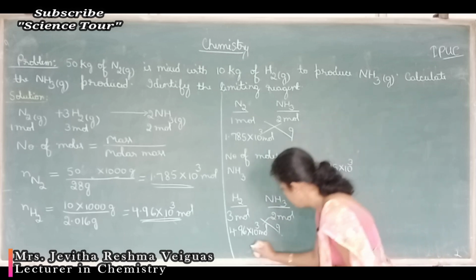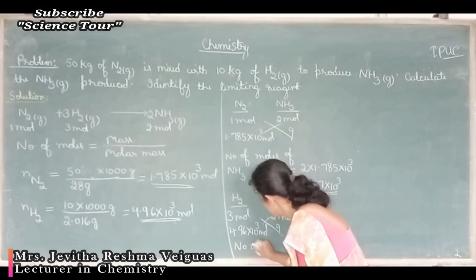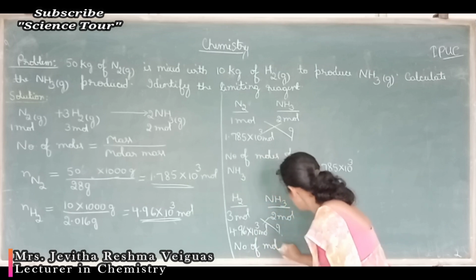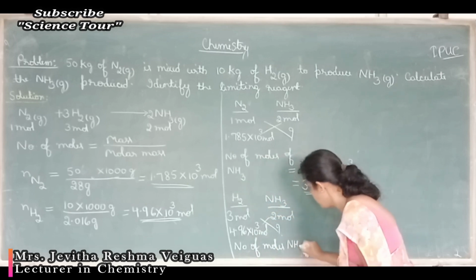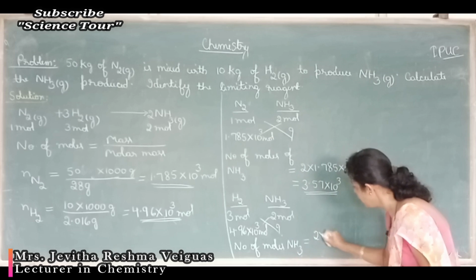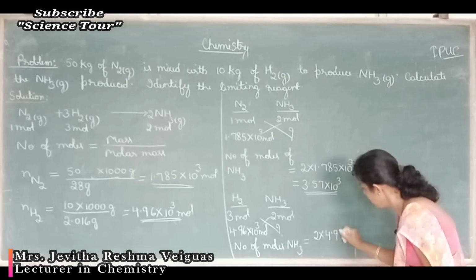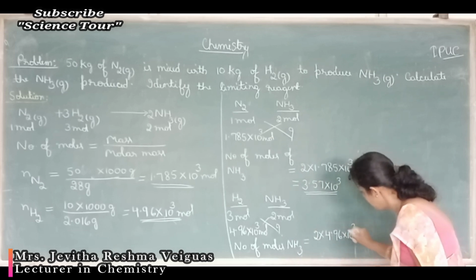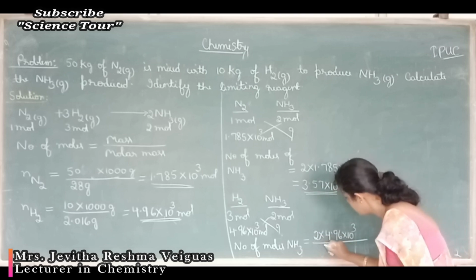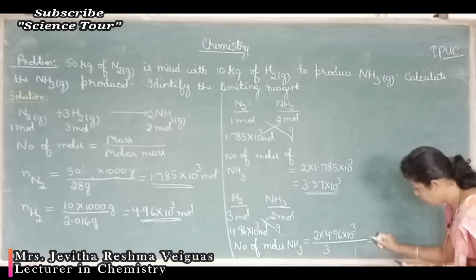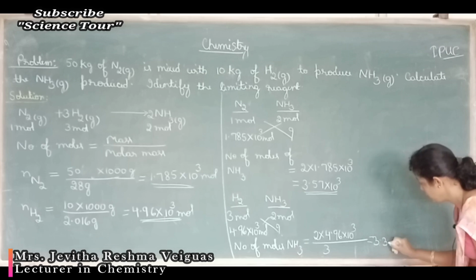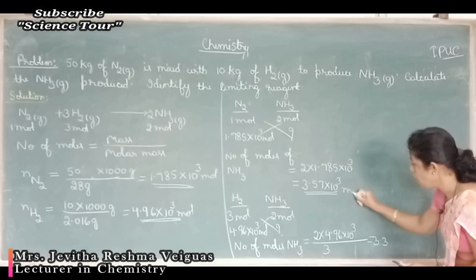That is, number of moles of ammonia is equal to 2 into 4.96 into 10 to the power 3 divided by 3. That will give you 3.30 moles.